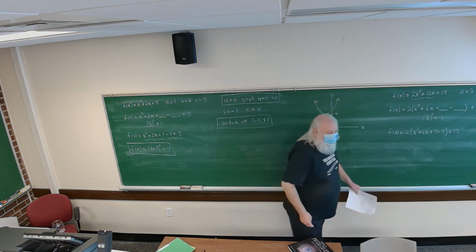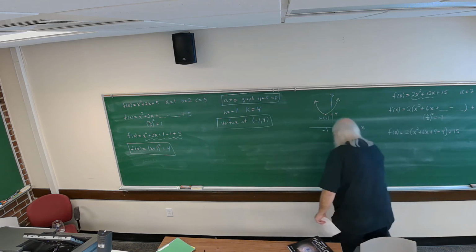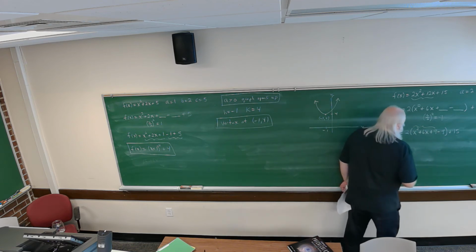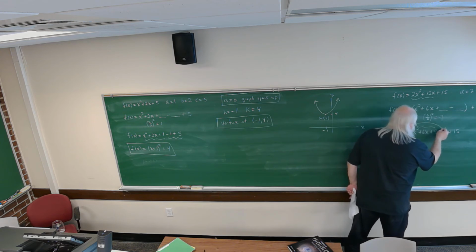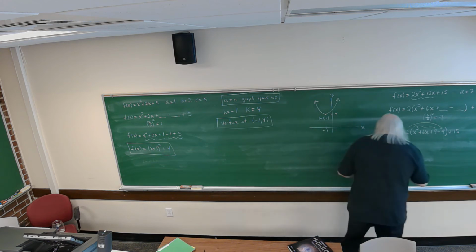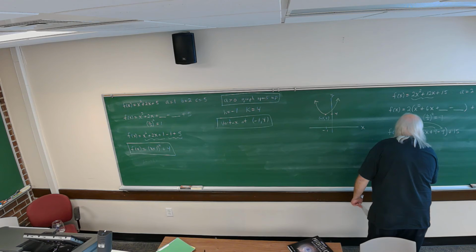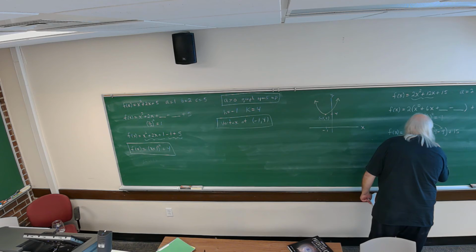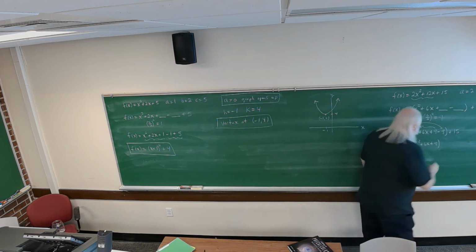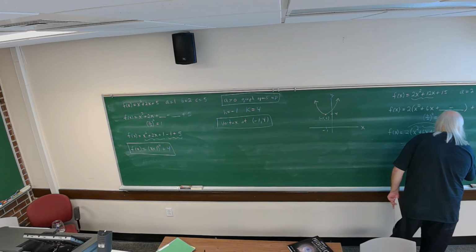And now we're going to split up what's inside the parentheses. Take 2 times that perfect trinomial, and then minus 2 times 9. So this is equal to 2 times x squared plus 6x plus 9. Okay? And then minus 2 times 9 plus 15. Okay?